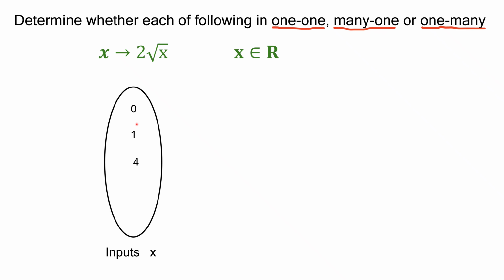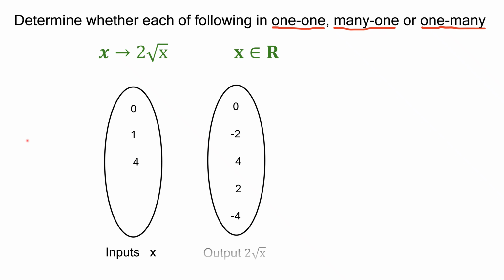You can select 0, 1, 9, 0, 1, 16, 2, 4, 9, etc. So if x input is 0, 0 goes here, we get 0. If input x is 1, 1 goes here.